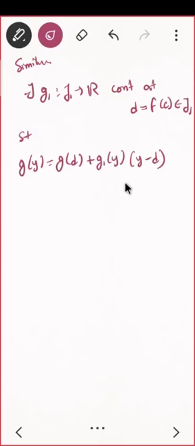Correct? And g dash of d will be the same as g1 of d, for all y belonging to J.